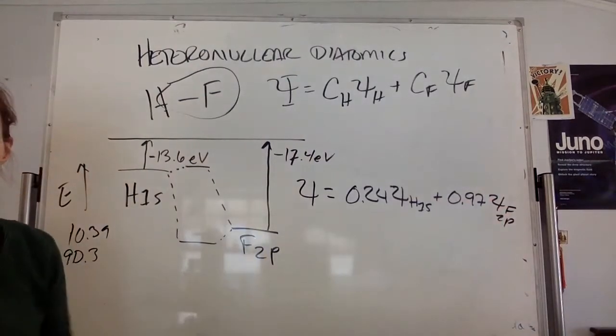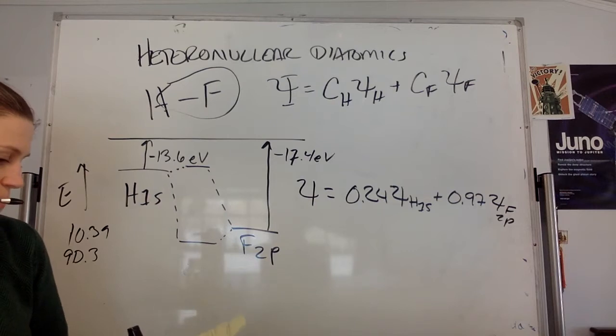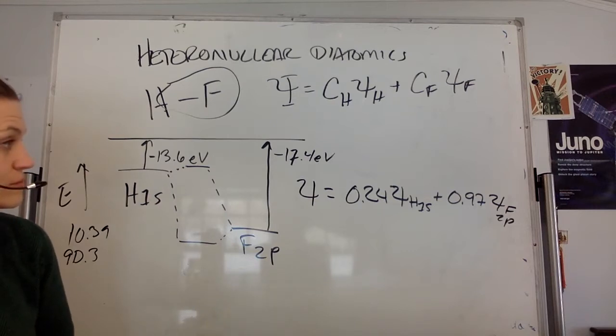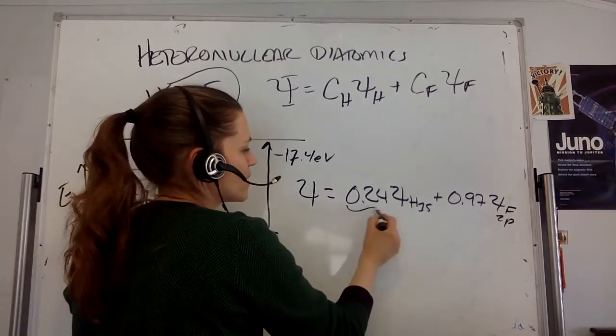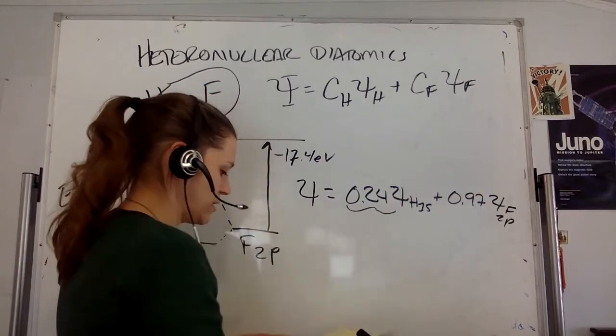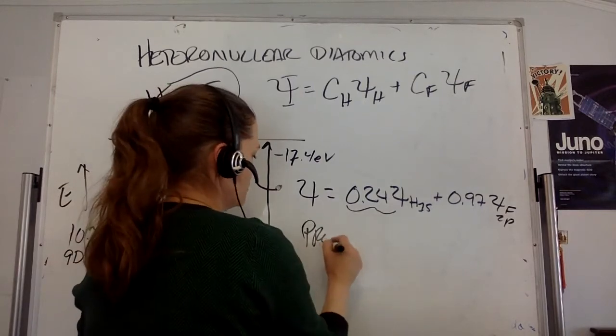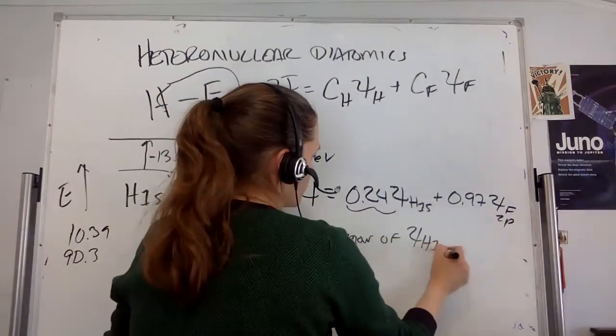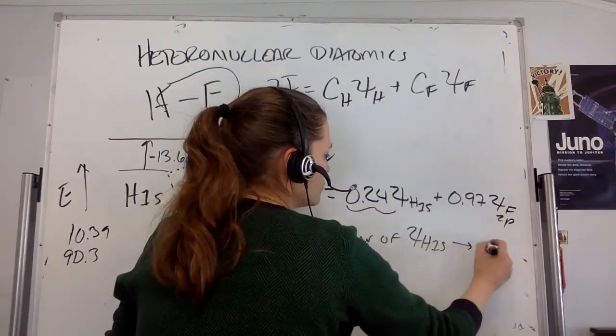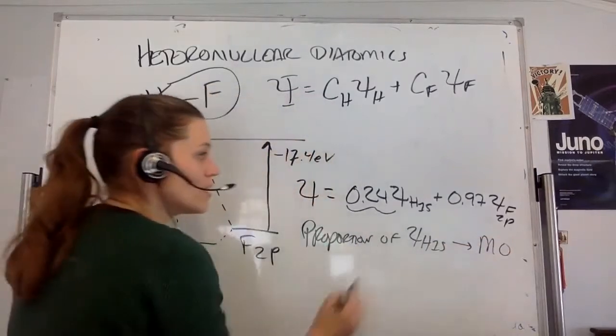Does that make sense? Think about what that represents. Pause me to do that. So here we have 24%. This is the proportion of psi H1s contributing to the molecular orbital.